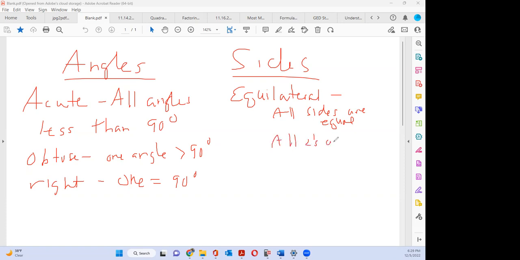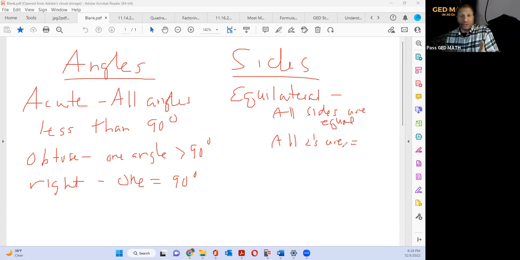So every angle of an equilateral triangle is 60 degrees. Why? Because the internal angles must add up to 180 degrees. The second type, if you're describing by sides, is isosceles. What's important about that is two sides are equal.